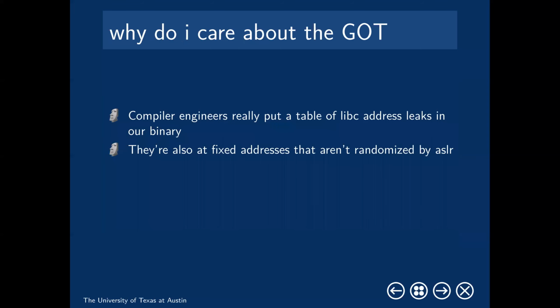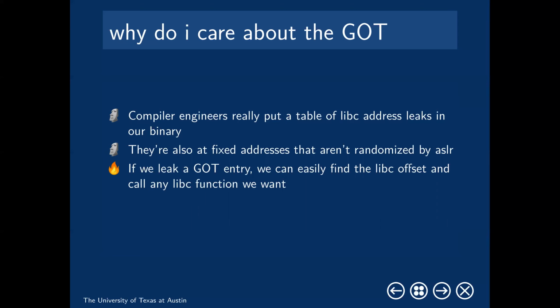If you notice, compiler engineers just basically installed a table of libc address leaks into our binary. And the global offset table is at a fixed address, so we know exactly where it is. So we can just leak a global offset table entry, and we get a libc leak, right?